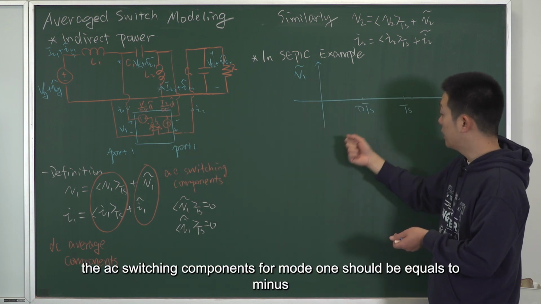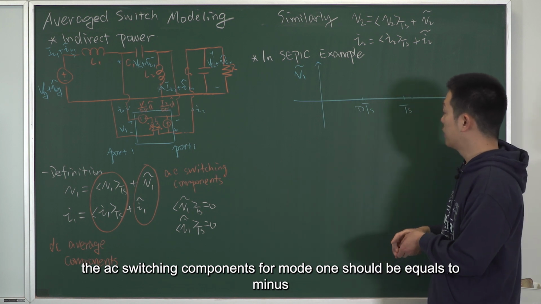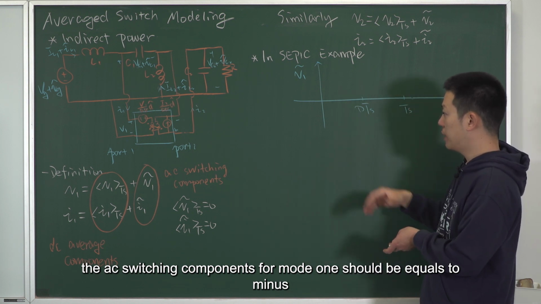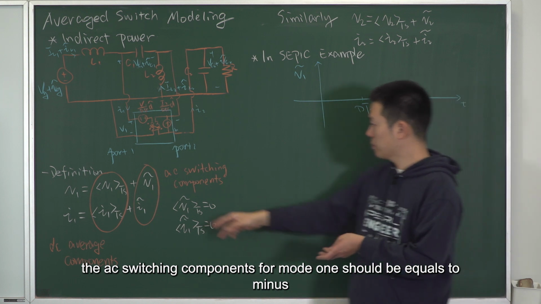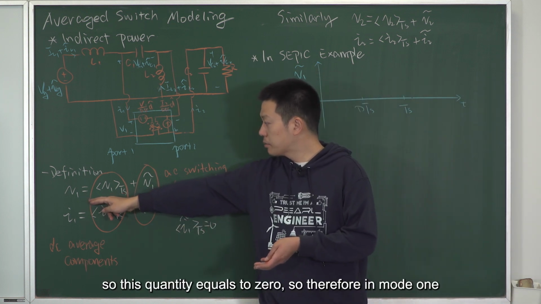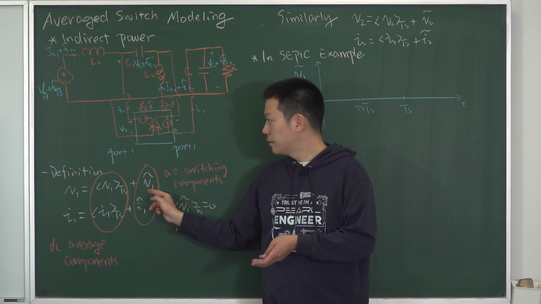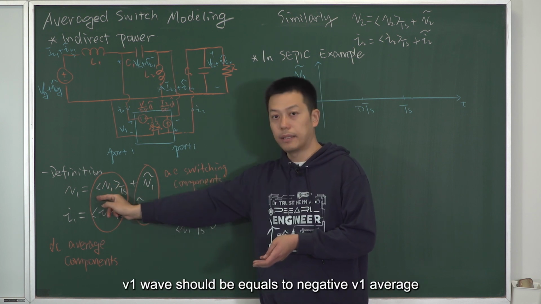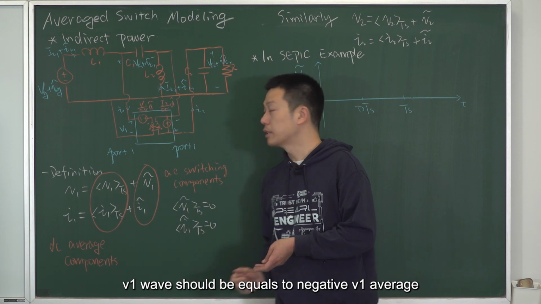Therefore, the AC switching components for mode 1 should be equals to minus, right? So this quantity equals to 0. So therefore, in mode 1, V1 wave should be equals to negative V1 average.